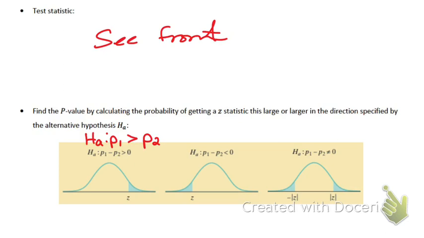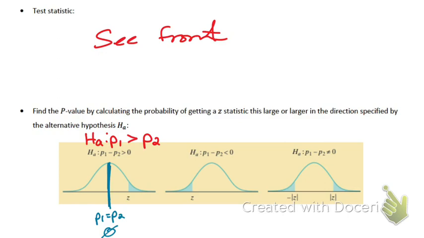The null hypothesis says that your P1 equals P2 and that there's a difference of 0. That's where the null hypothesis is, right there in the middle.